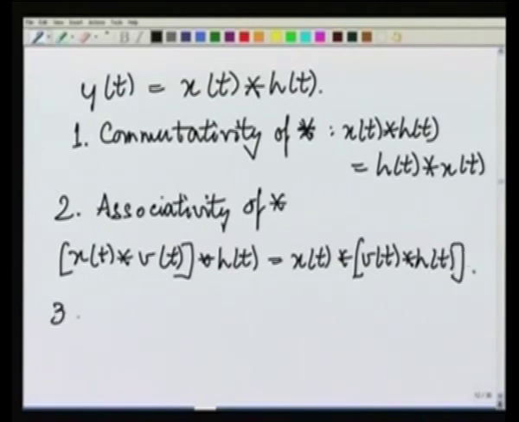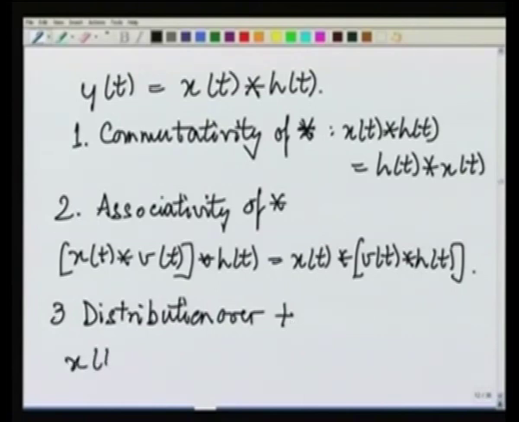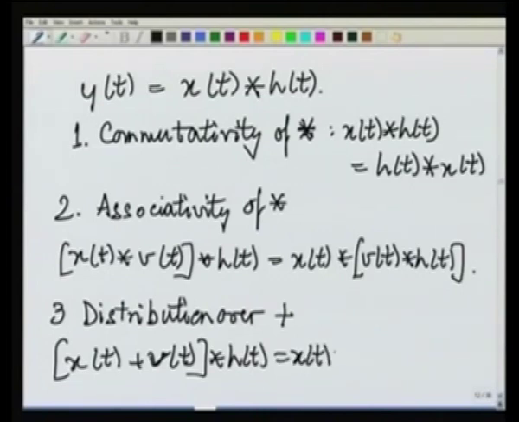Finally, we have distribution over addition of signals, so that x t plus v t convolved with h t is nothing but x t convolved with h t added to v t convolved with h t.